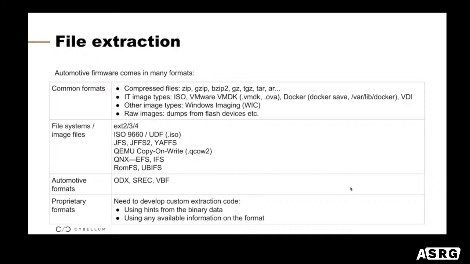Some names that come to mind: ODX, SREC, VBF, and obviously some vendors also use internally developed proprietary formats, and to extract those will typically require developing a custom extraction code unless you have the original utilities that would extract that. And the way to develop such extraction code would be by investigating hints from the binary data and understanding any information you might have on the format that you get from the supplier, for example.